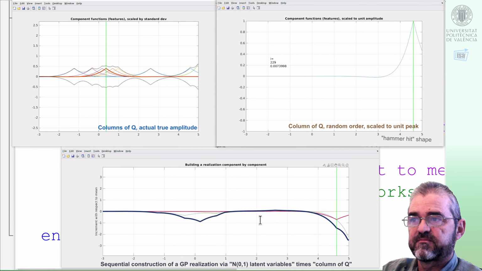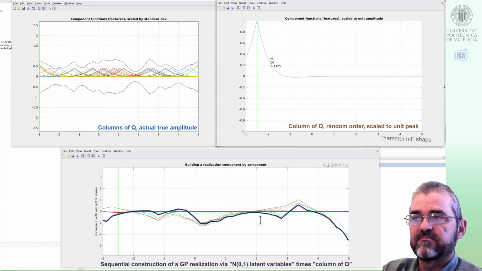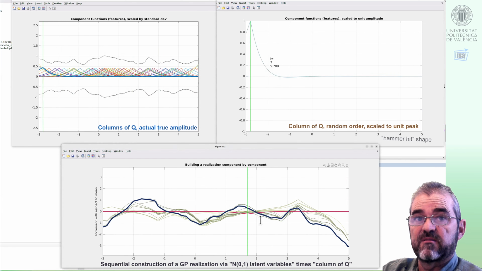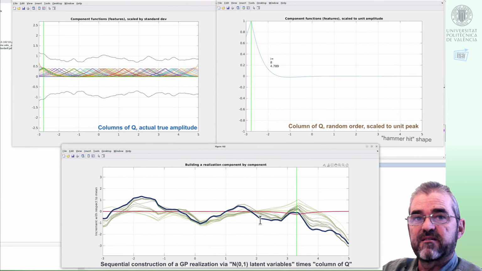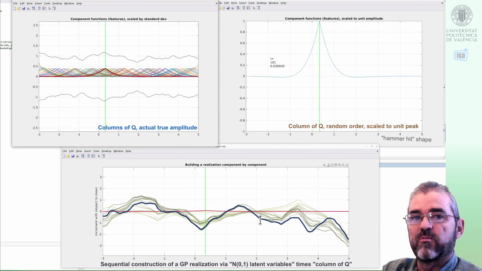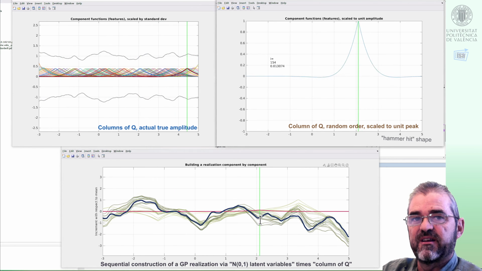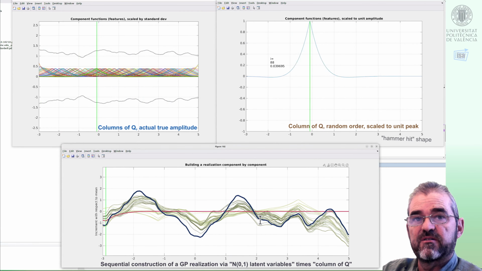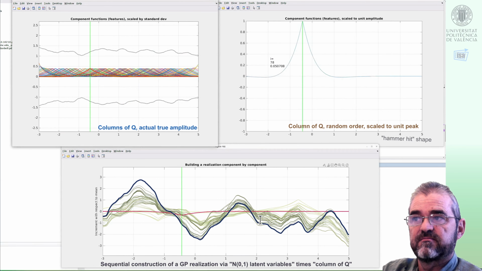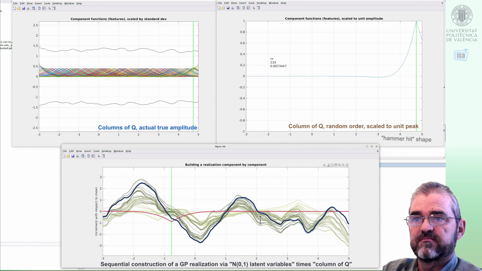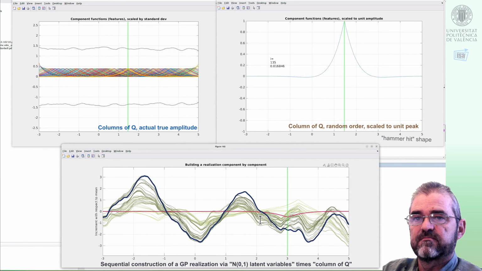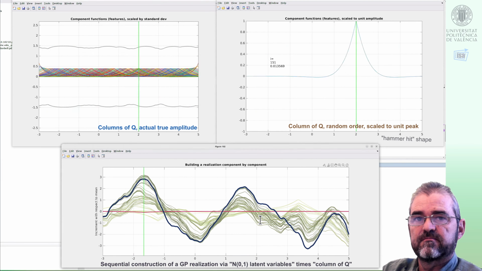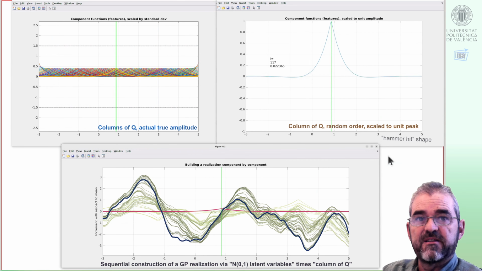So at the end I accumulate hammering events and I build my realization in this symmetric causal plus anti-causal convolution kernel, or hammer deformation in layman's terms. So we'll run the animation until it finishes. I needed 241 hammer hits to explain the total standard deviation of my Gaussian process.